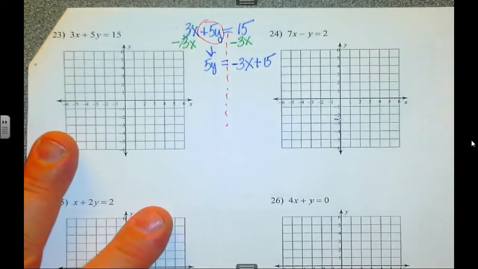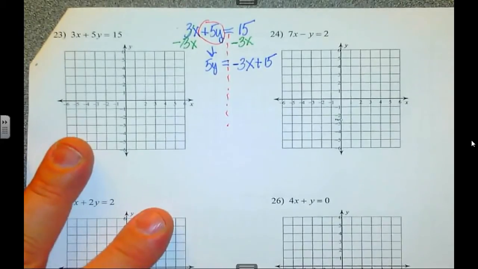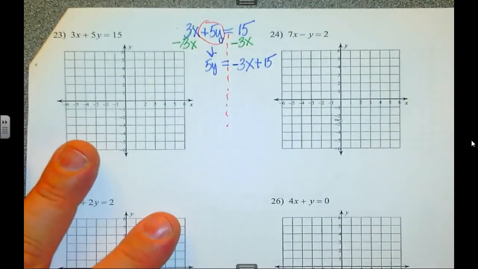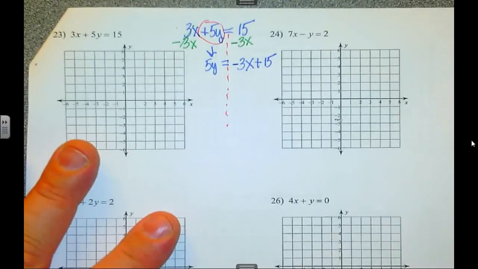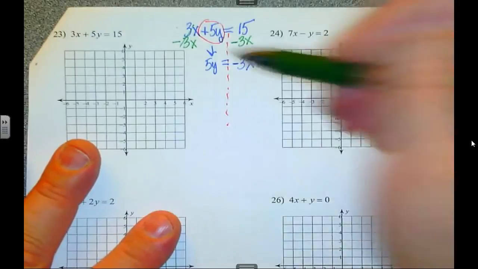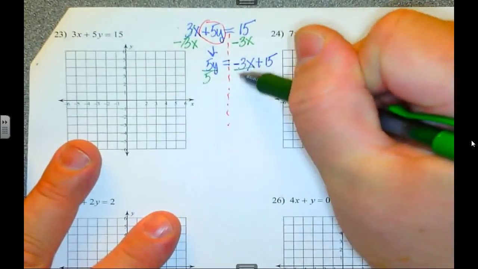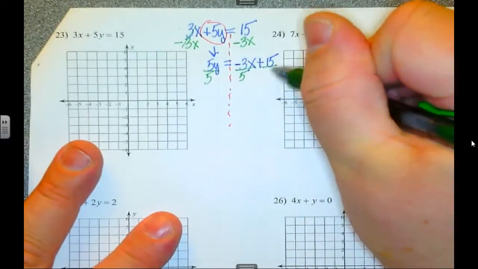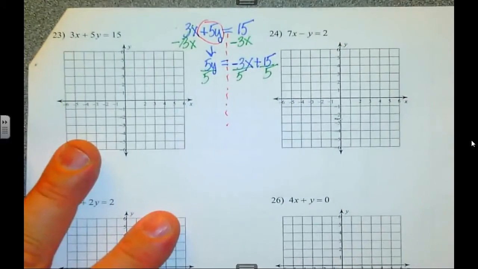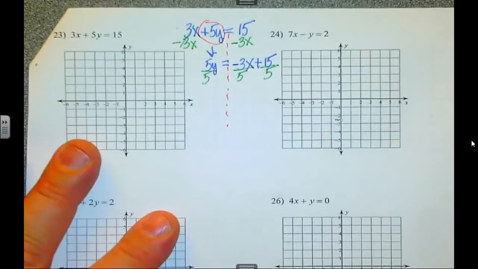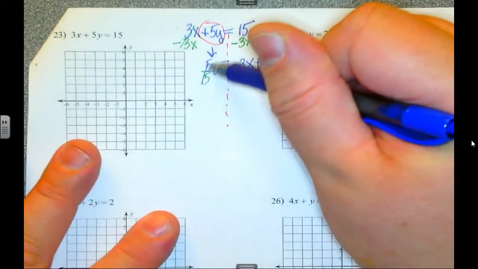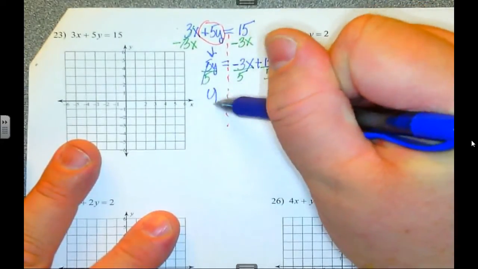Okay. Now that I've got that term by itself, I still have to get y by itself. So how do I undo the multiplication of 5? Divide every term by 5. Yep, every term by 5. So my 5's cancel the 1. 1 times y is just y.